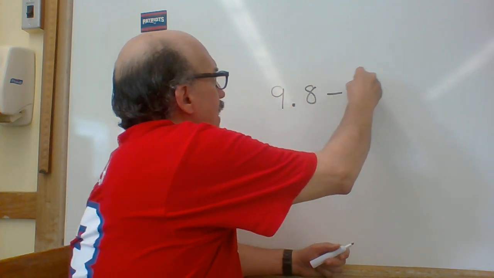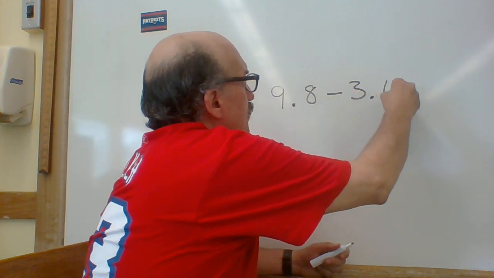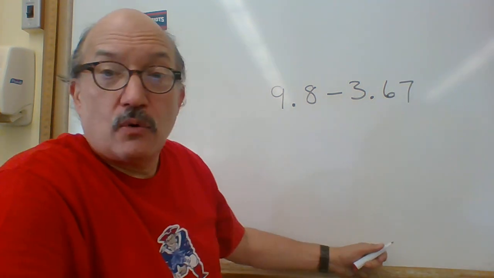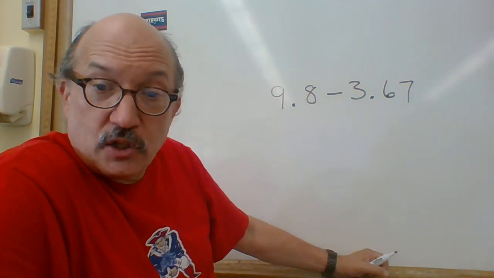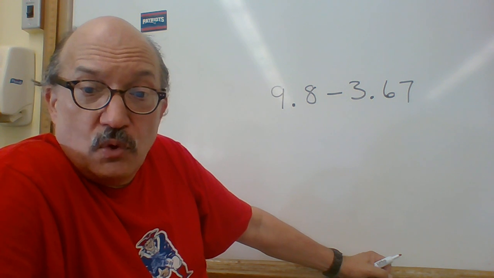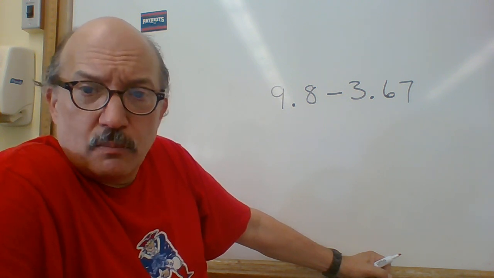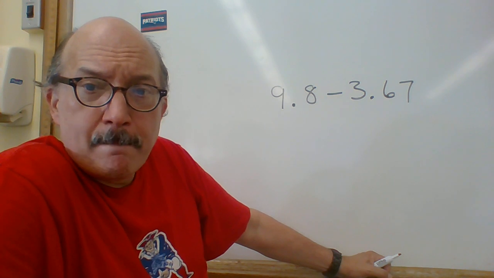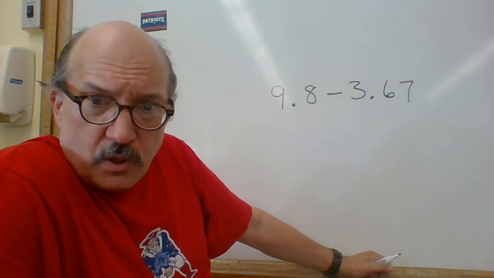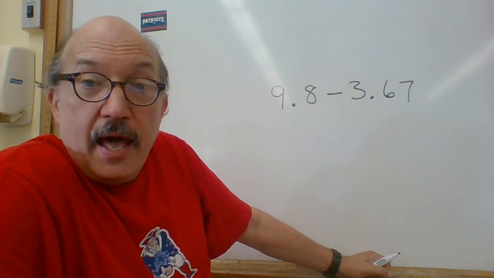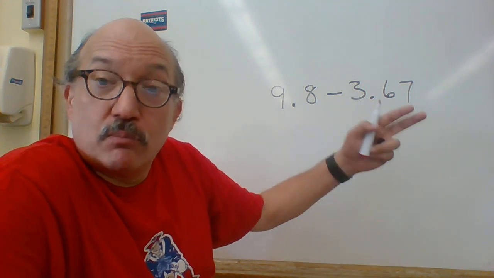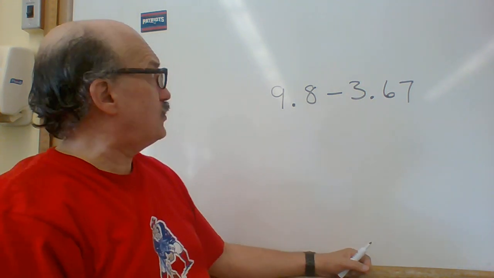9.8 minus 3.67. Now, I lump addition and subtraction together as far as stating the rule is concerned. To add or subtract decimal numbers, line the decimal points up, tack on zeros where necessary, add or subtract as if they're whole numbers, and bring the decimal point straight down into the answer.